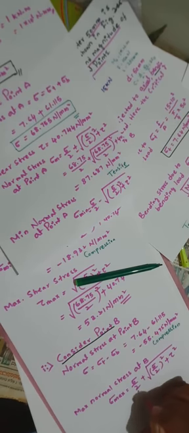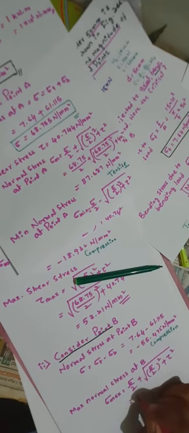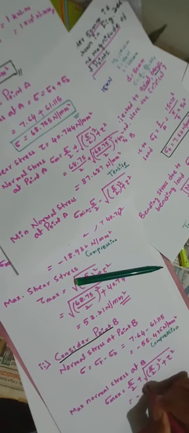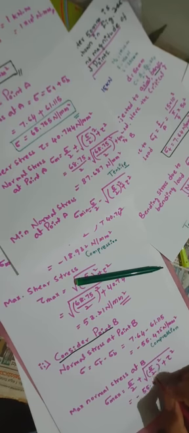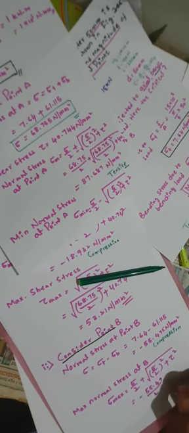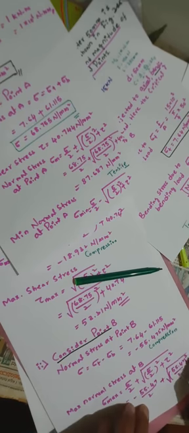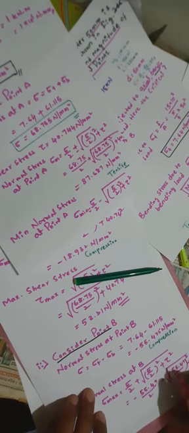Substitute all the values: minus 55.47 divided by 2 plus square root of 55.47 divided by 2 whole square plus, here what is the shear stress?